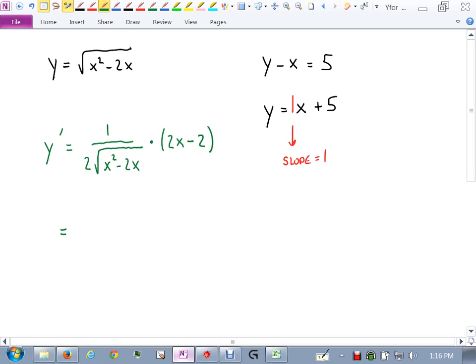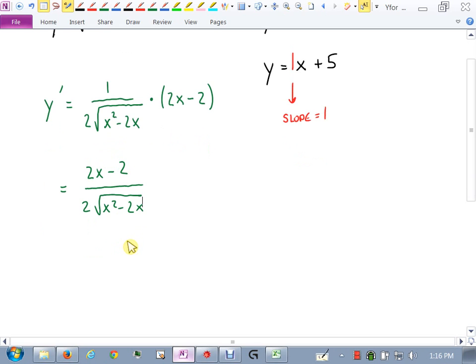And so let me clean it up. I'll put 2x minus 2 over 2 root x squared minus 2x. And I'm going to do a little bit more cleaning up. I saw some people did this. They realized that there was a 2 here and they canceled, but this 2 has to also get canceled out. So you can look at it like this. Factor 2 out of the top.